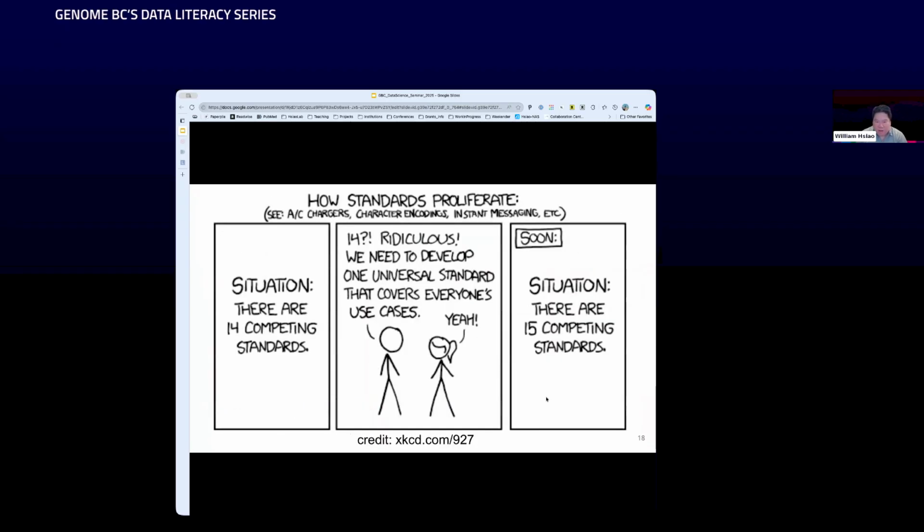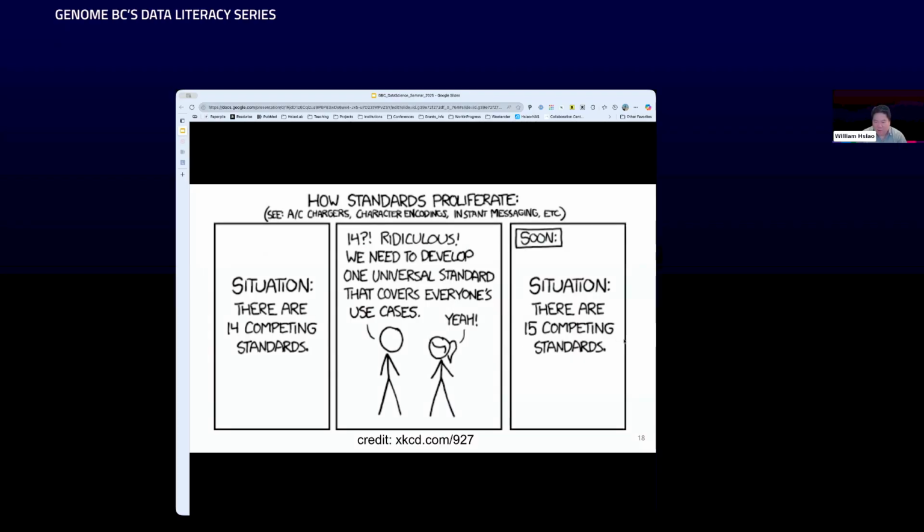So if we want to standardize these domains of knowledge, we need to avoid a situation where there are 14 competing standards, then someone says, okay, let's come together and develop one universal standard that covers everyone's use cases, and we end up with yet another standard.